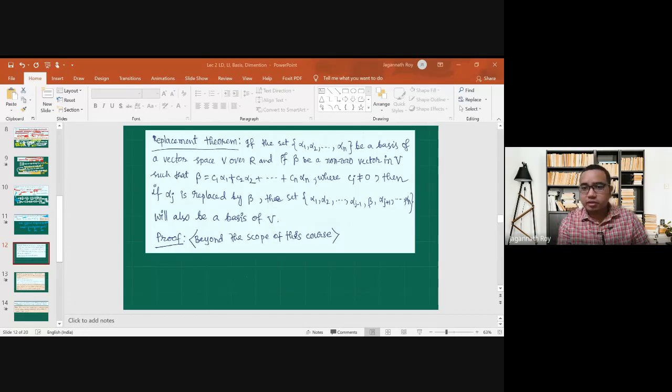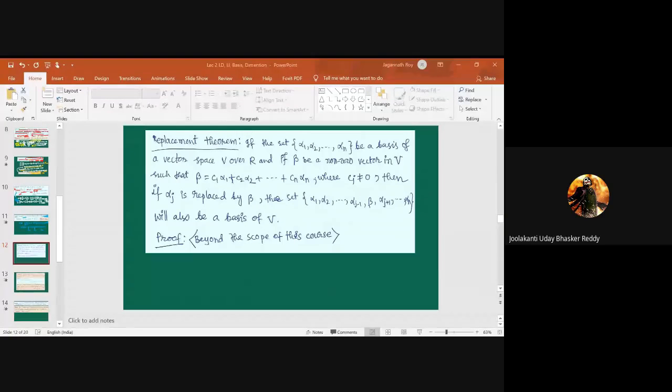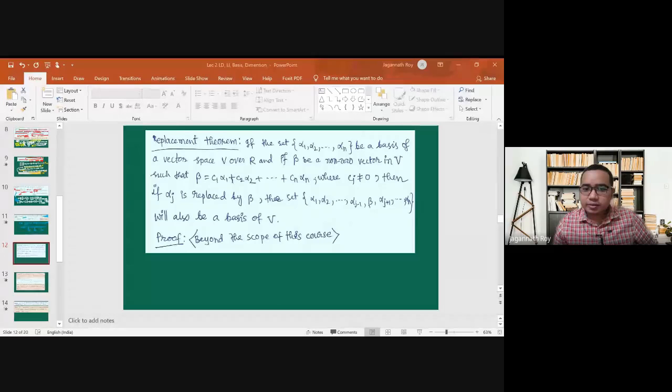But for checking whether it is spanning or not, we have to take an arbitrary vector from the vector space and check whether it is possible to represent it in terms of the given vectors to check whether it is a basis or not. Thank you, sir.